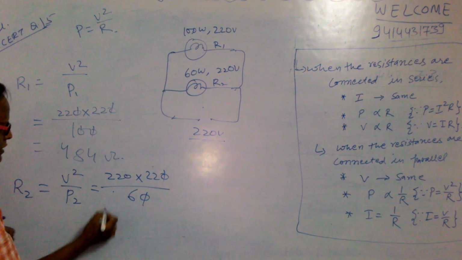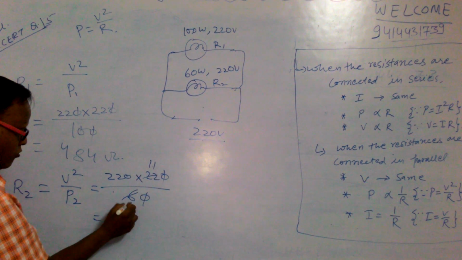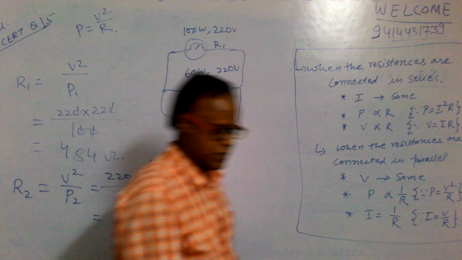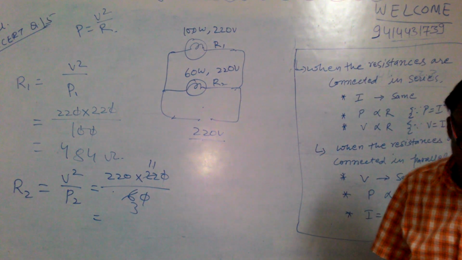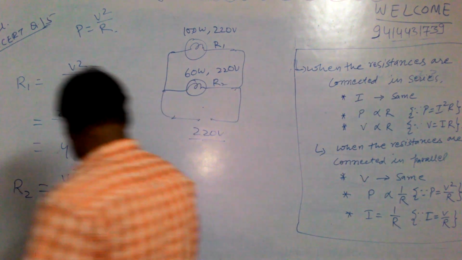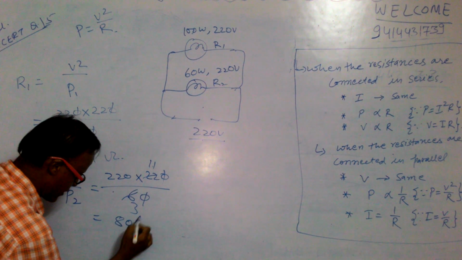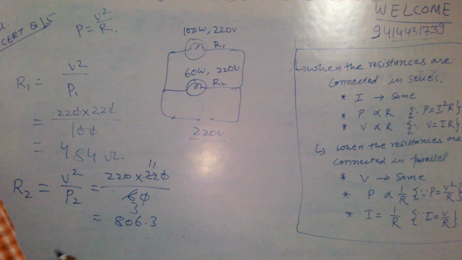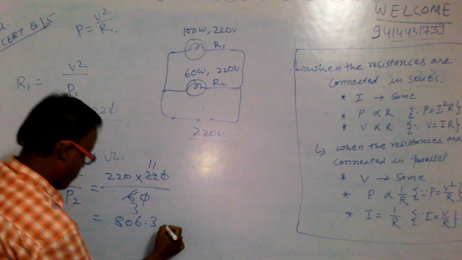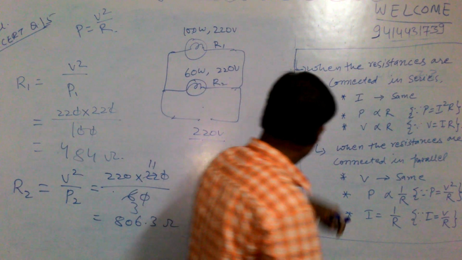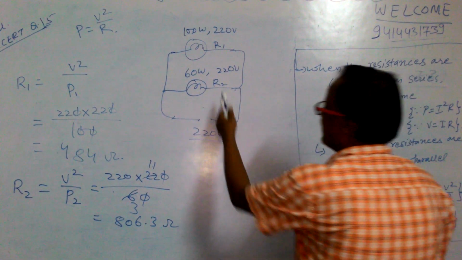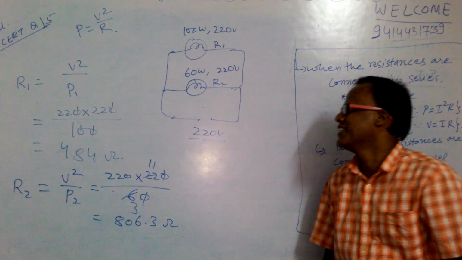Zero to zero cancel. Calculate the answer. Yes, 806.3. What is the unit? Ohm. This is the resistance of the second bulb.